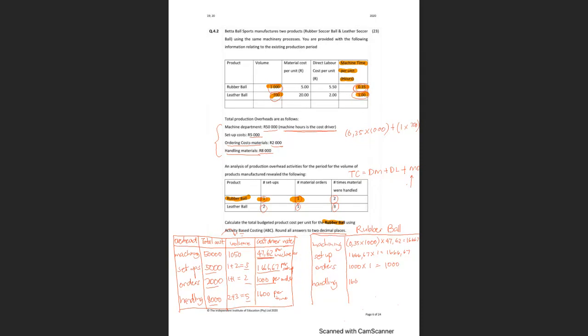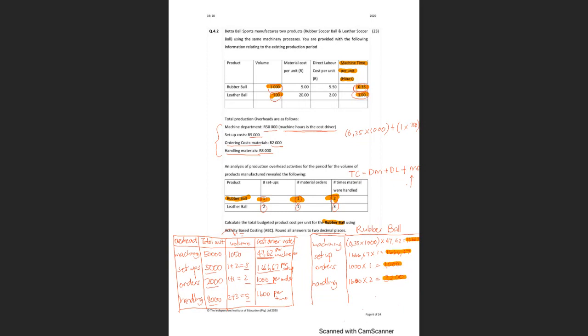Let's look at how many times this product is handled. So this is 2. So now you're going to multiply that by 2, and that is 3,200. So now you're going to total each of these, add up all 4 values that I've highlighted.